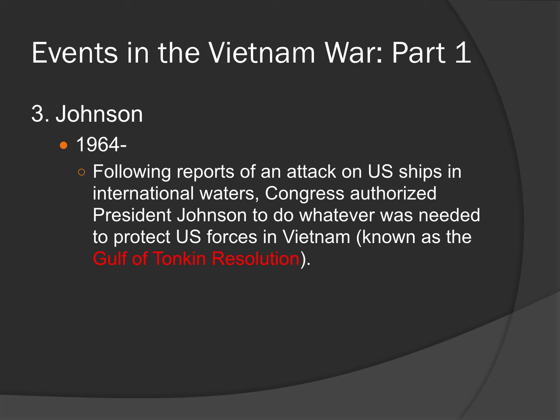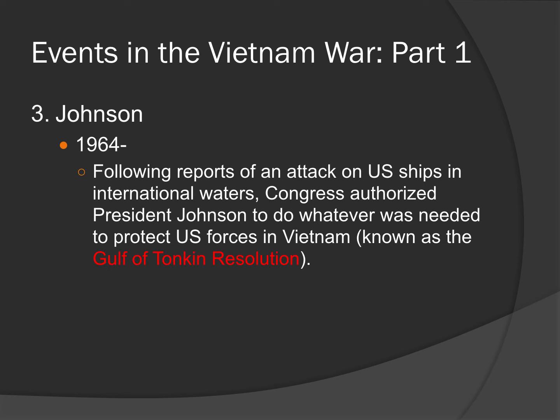Then there were reports of a second attack, and they looked into it, believed that an attack had occurred, and so Congress authorized President Johnson to do basically whatever he felt was needed to protect U.S. forces in Vietnam. This was the Gulf of Tonkin Resolution.